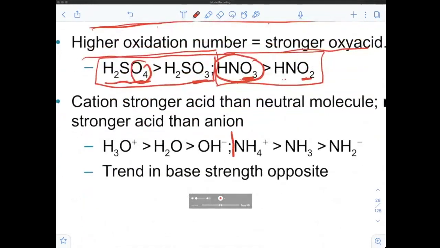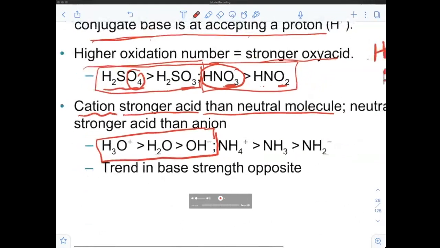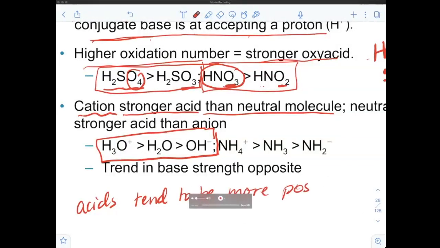Here, when we're comparing these three together, we're told that in general, acids tend to be more positive. So cations tend to make stronger acids than neutral molecules. I write here, acids tend to be more positive.